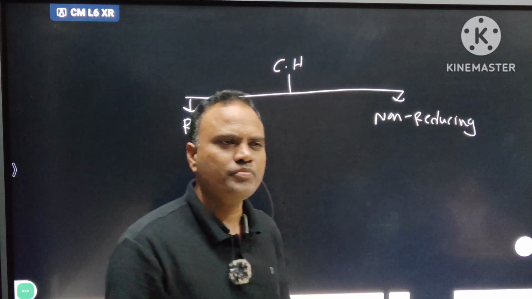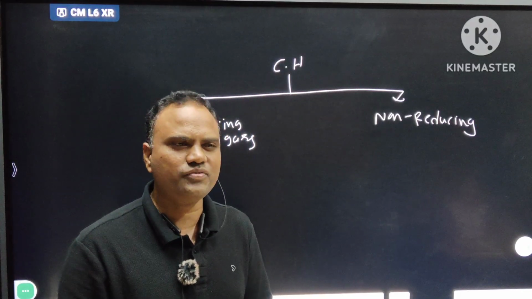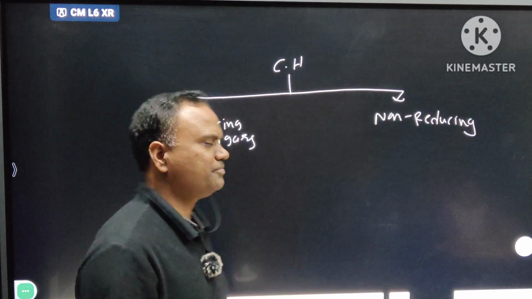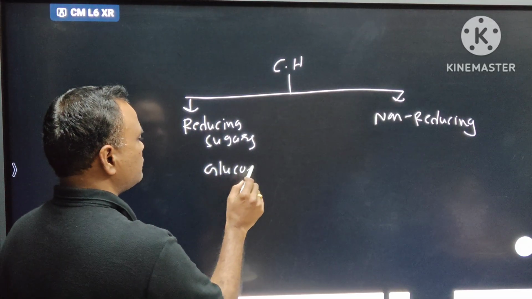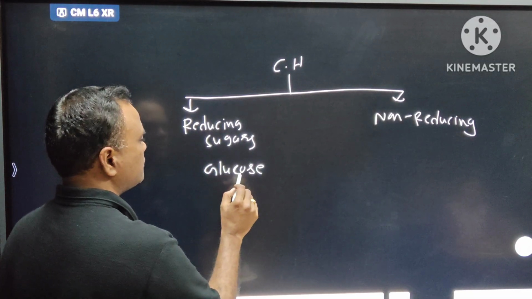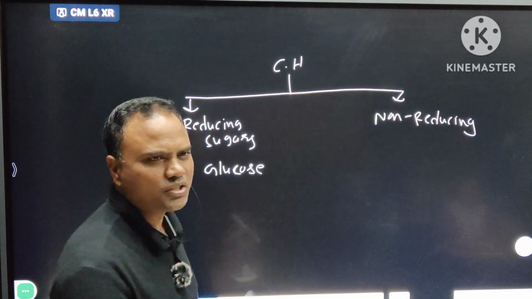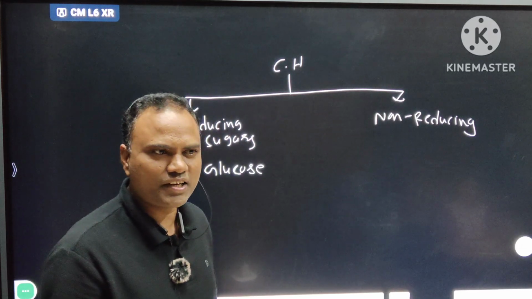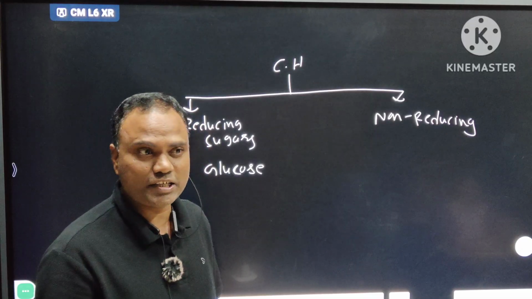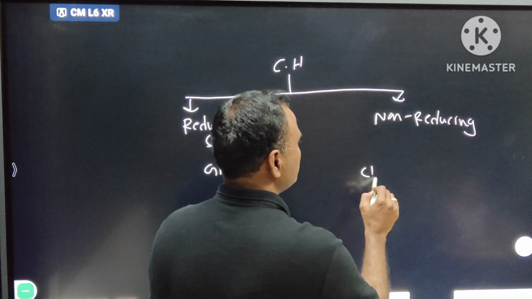Which reduce Tollens, Fehling's, Benedict's. Examples: glucose. In fructose, which functional group is present? I think you already covered this in your college. Tell me, fructose. Can I write fructose under the reducing category? This is the fructose structure. See, all of you.